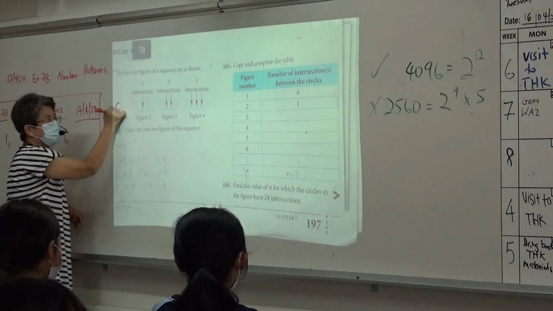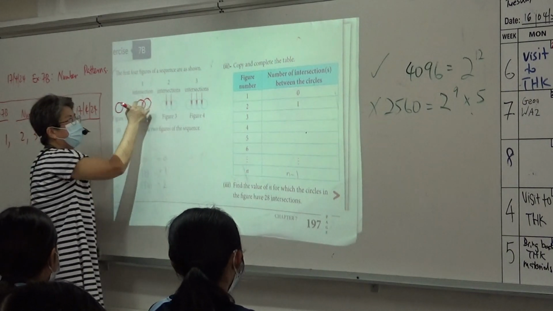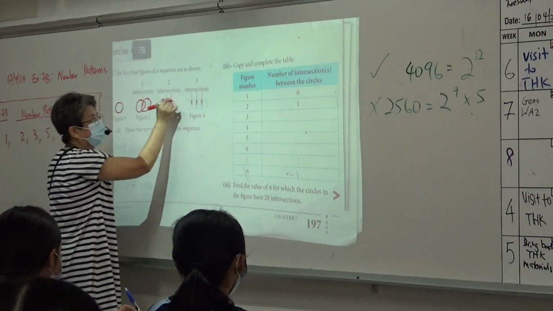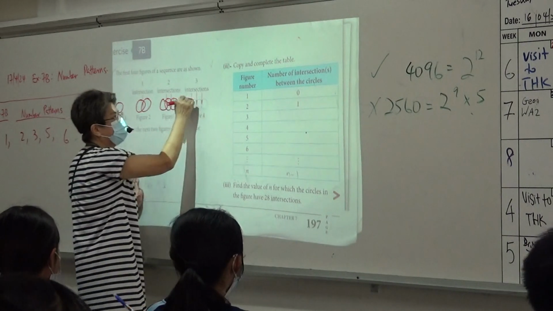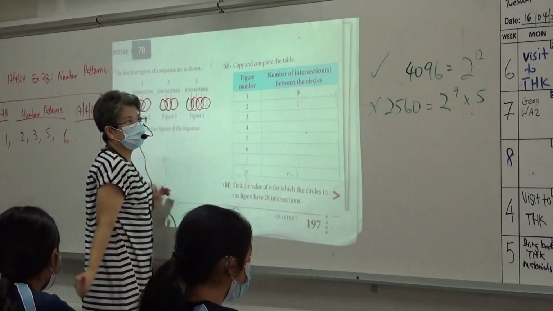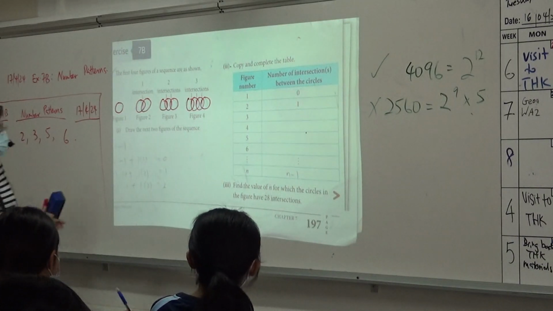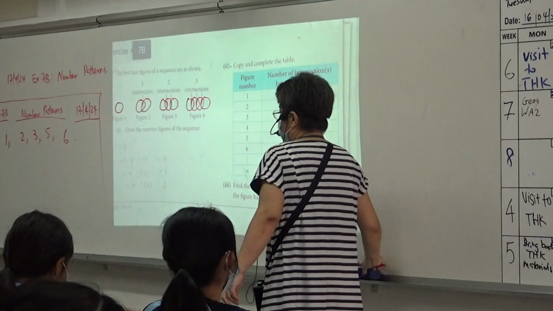Figure 1 is 1 circle, right? Figure 2 is 2 circles with 1 intersection, right? Figure 3 is 3 circles with 2 intersections. How about figure 4? 4 circles. Okay. You don't just anyhow draw the pictures.